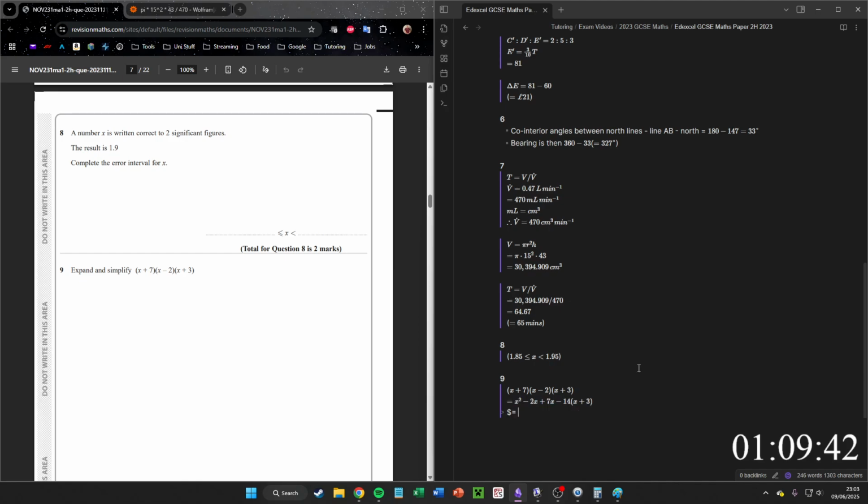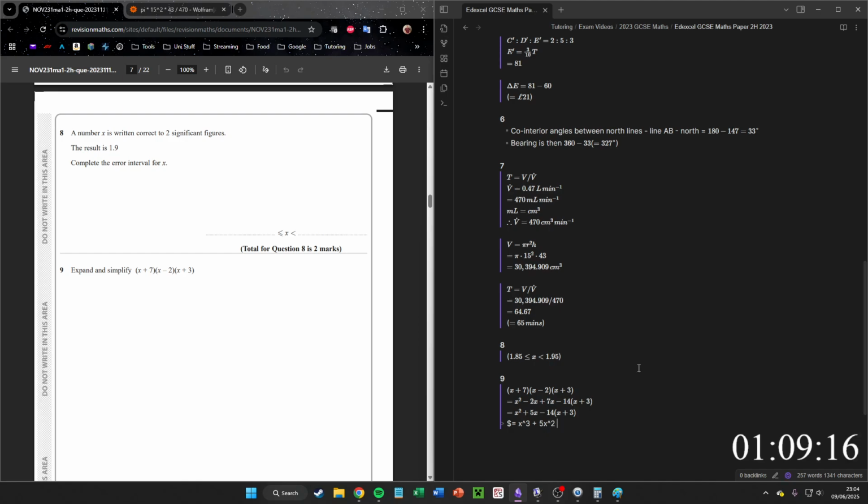Important now to collect like terms before I continue. Minus 2x plus 7x gives us plus 5x, then minus 14, and still multiply by x plus 3. Now I'm going to go through. First times first, x cubed. I'm not going to use FOIL now because I've got a quadratic. Second times first is 5x squared.